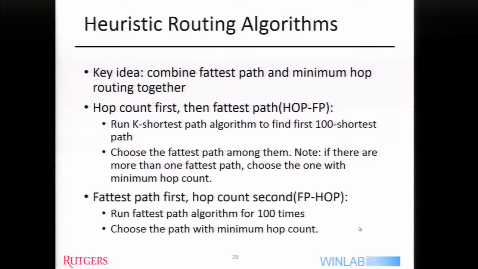As I mentioned, 6 gigahertz may be used for some applications that require a higher data rate. That's why we focus on TCP traffic. If there's not so much traffic in the network, I think either path doesn't matter.